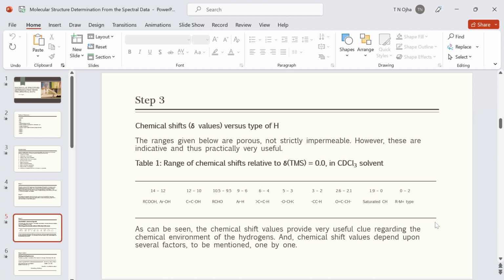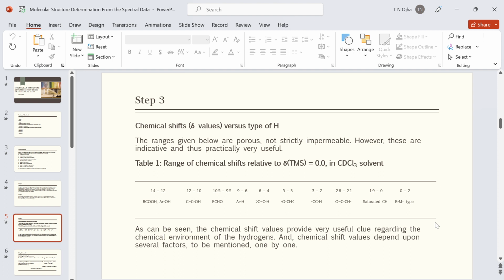Range 3 to 2, acetylenic hydrogens. Range 2.6 to 2.1, ketonic hydrogens. Range 1.9 to 0, saturated CH, both cyclic and acyclic.